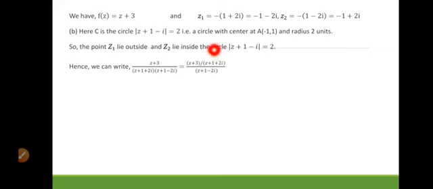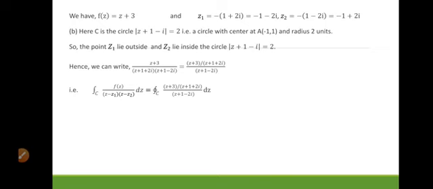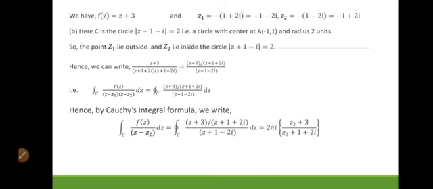So you have to rearrange in this way so that the point which is lying outside will have the corresponding factor in the numerator without changing its value, and hence applying Cauchy's integral formula with the modified f of z, we get the integration result.